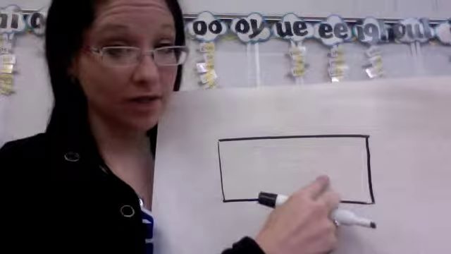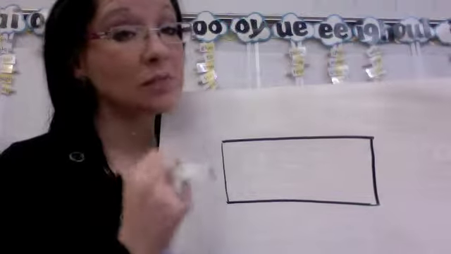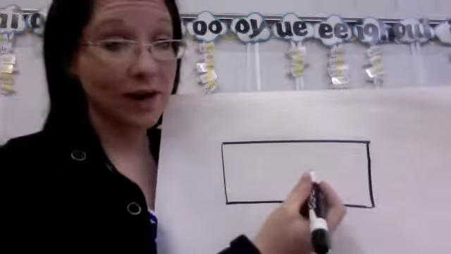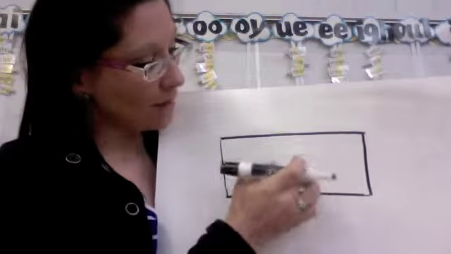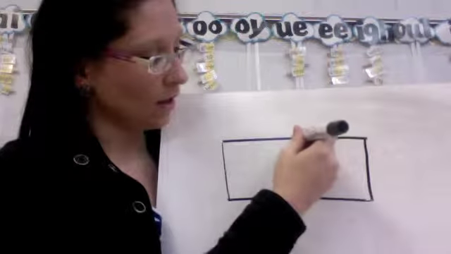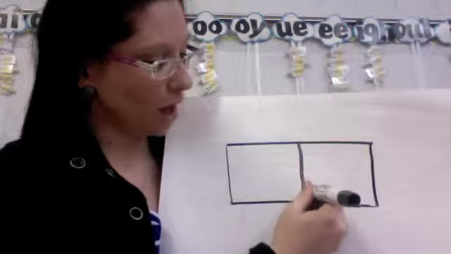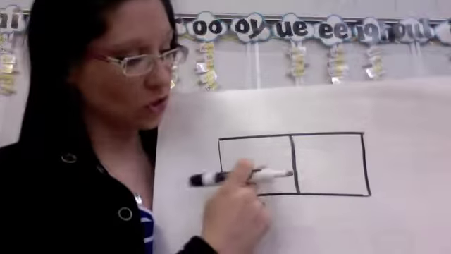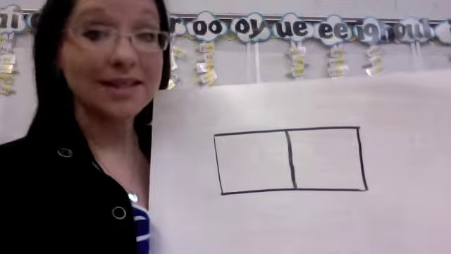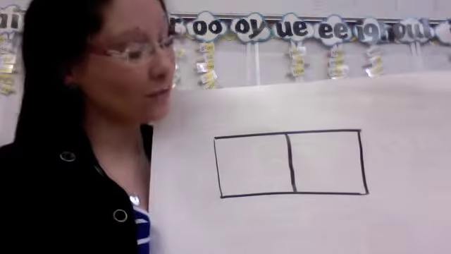So the first thing I'm going to do is split or partition this rectangle in half. So I'm going to create 2 equal groups. I'm going to find the middle of my rectangle, put my pencil down, and to the best of my ability, draw a straight line down. So now I have 2 equal shares. This rectangle is split into halves.